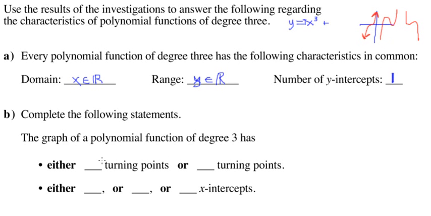Now, the graph of a polynomial function, the tame ones rise like this and have no turning points. They flatten out for a minute like they're going to turn around, and then they go, nah, I won't, and they just keep going in their original direction.